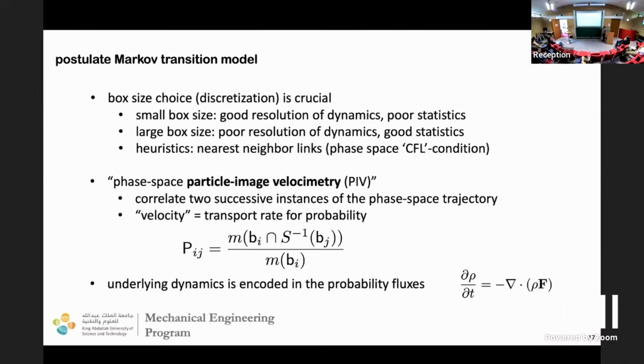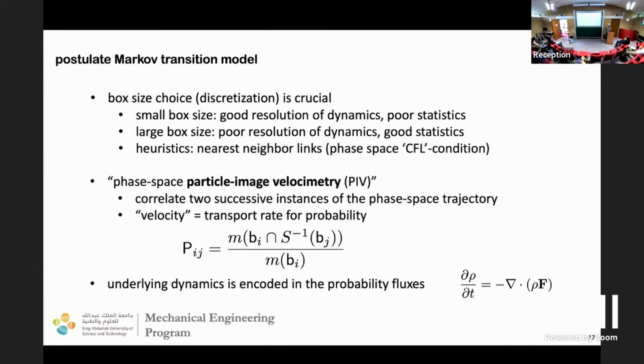If you make the box large, then you get good statistics because you have many sample points in the box, but you get very coarse phase-space dynamics. Okay? So the heuristic here is that you should only go over one time step, sampled into a neighboring box, and not jump too far, which is the equivalent of a phase-space CFL condition.